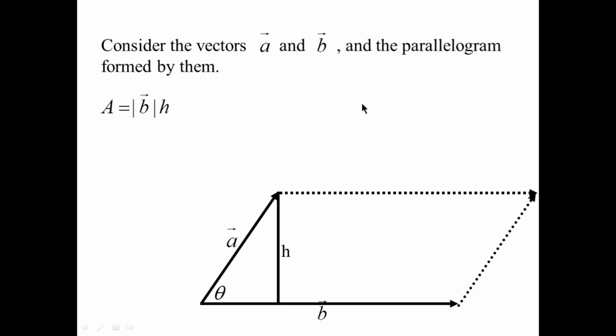Magnitude of the base times height. Now, the height, we know, is, consider this magnitude here. This is a hypotenuse multiplied by a sine, because this is opposite the hypotenuse. So magnitude of A times the sine of theta will be our height. And so we'll take this magnitude of A times sine theta and plug it right in there for H.